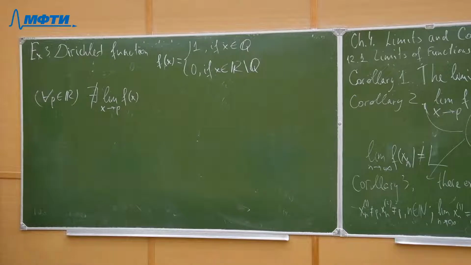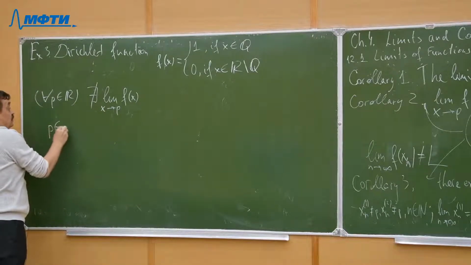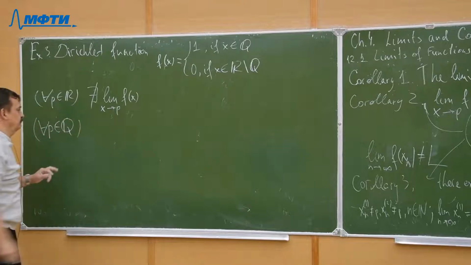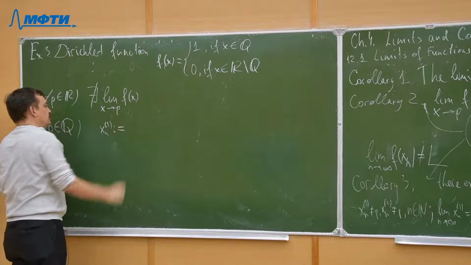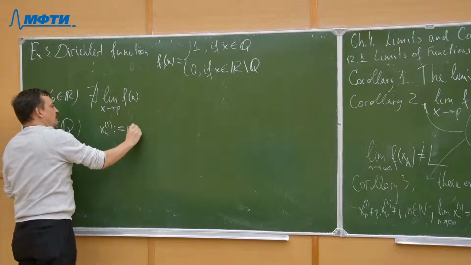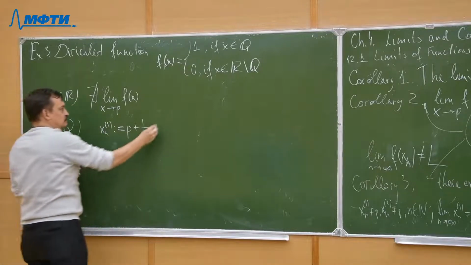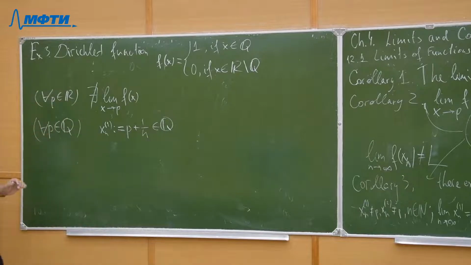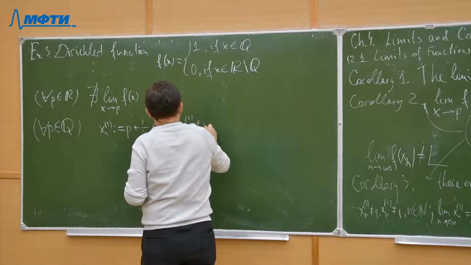Why? Because take arbitrary p, let's say p rational. Then put xn1 equals p plus 1 over n. Then this is rational. It doesn't equal p.